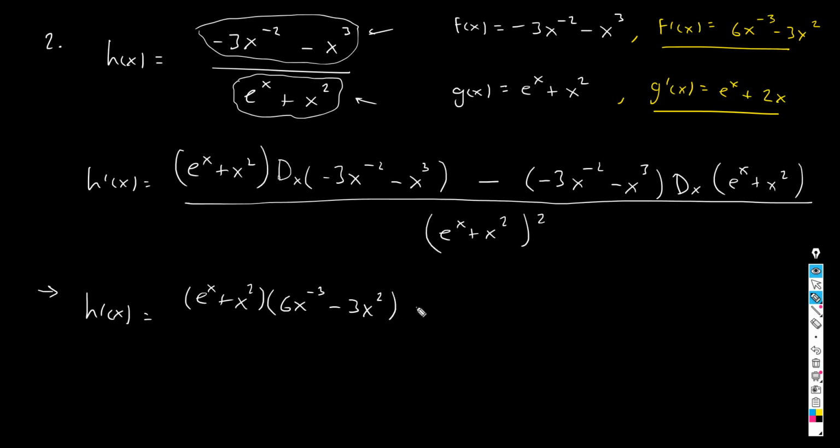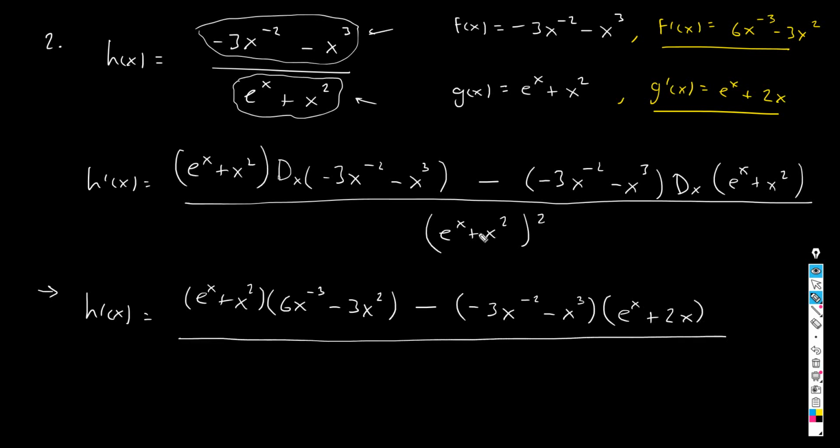Then we have a minus, and then this factor, and then the derivative of this, which is this, over this to the square. And I'm just going to keep it like that.